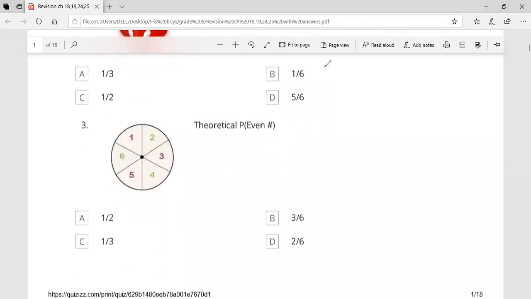Here is even number. How many even numbers do we have? We have 2, 4, and 6. How many numbers? 1, 2, 3. As we said, probability is the number of events. The event here is even number. Here is 3. And how many numbers as a total? 1, 2, 3, 4, 5, 6.